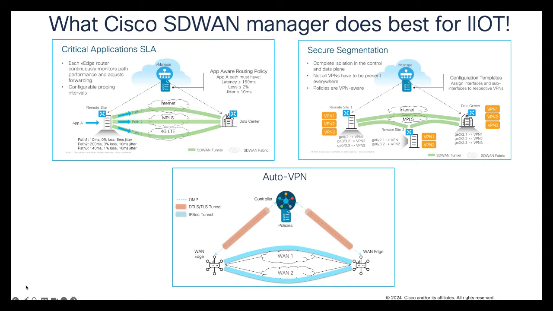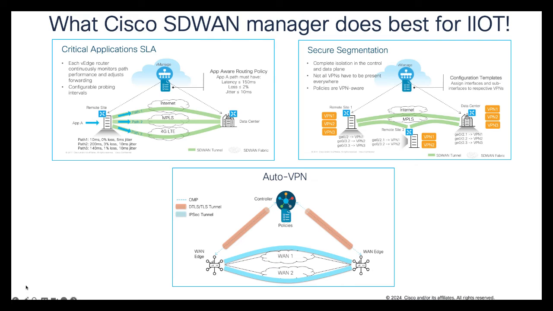There are policies that can be put in place to route specific types of applications over a network through a specific type of topology. And all of these policies are VPN aware in SD-WAN Manager, and not all VPNs have to be present everywhere. So you can customize that based on the needs of your organization.